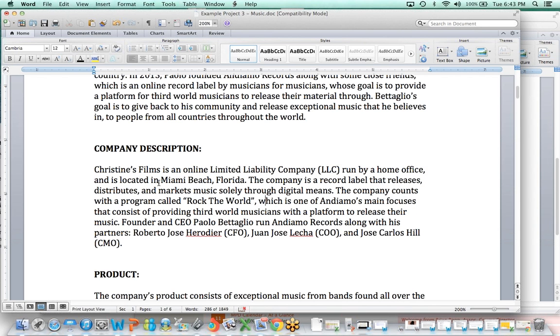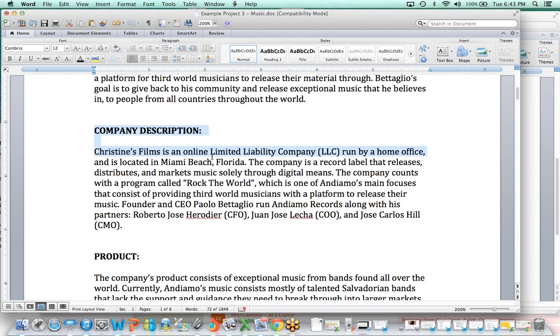If this is the first film from this company, you could say, Christine Films is a movie studio, and it's going to be based in Miami Beach, Florida. At this point, they have this film in development, but they plan to do more. Whether this is real or hypothetical, you just talk about the company here.